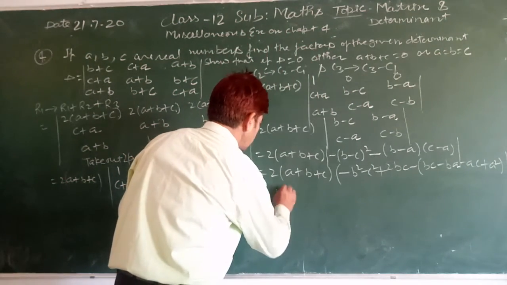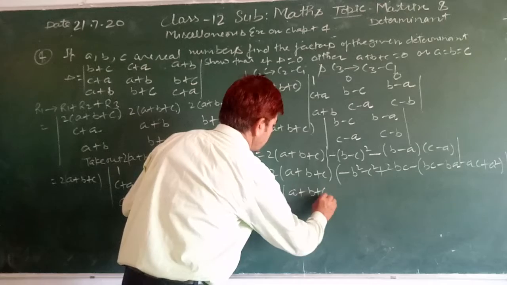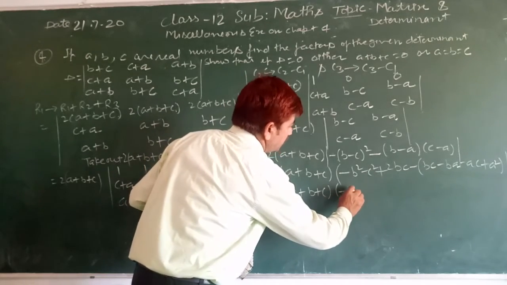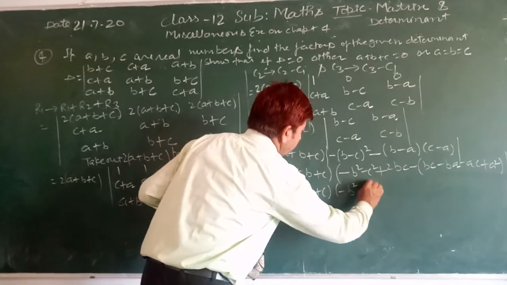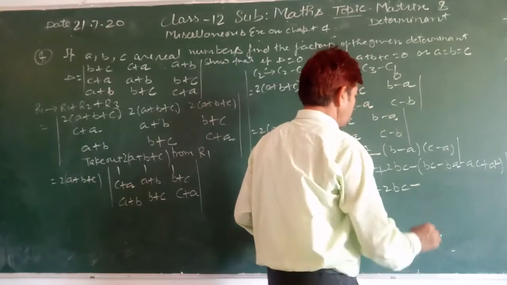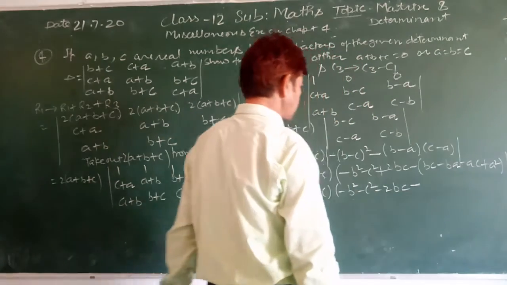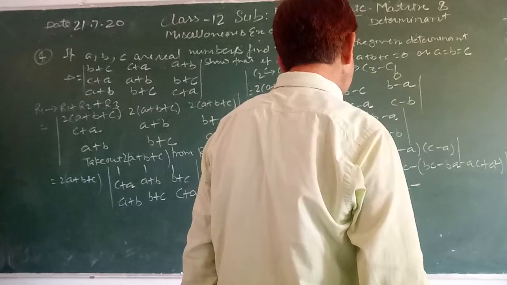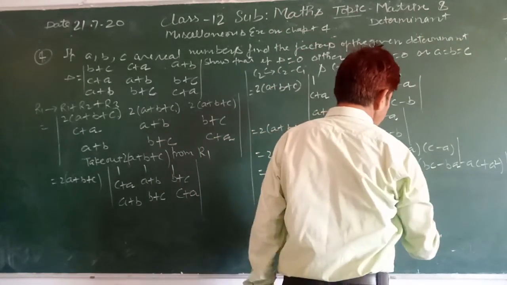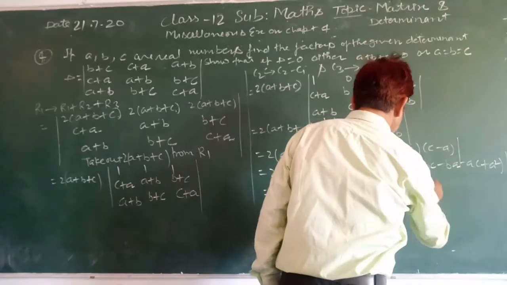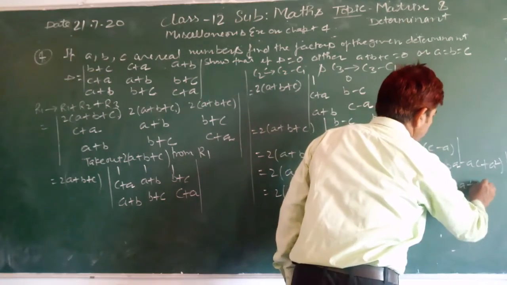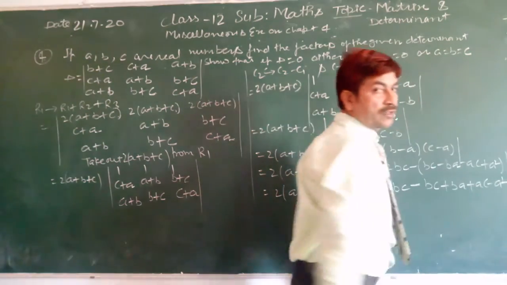It is equal to twice A plus B plus C times B square plus C square minus 2BC, minus BC plus BA plus AC minus A square.